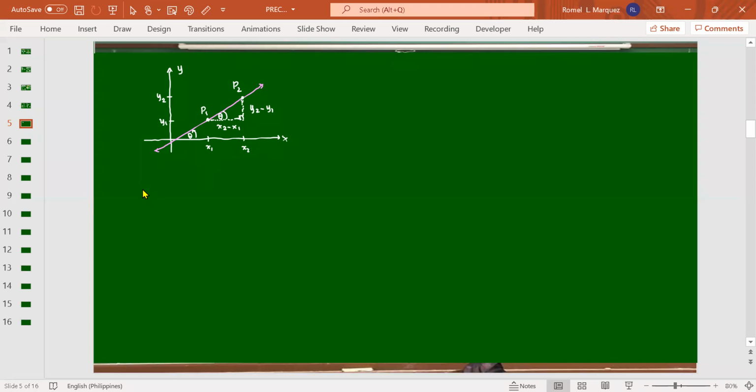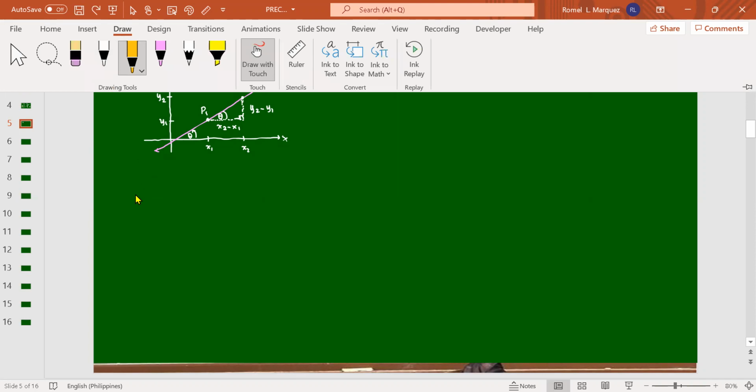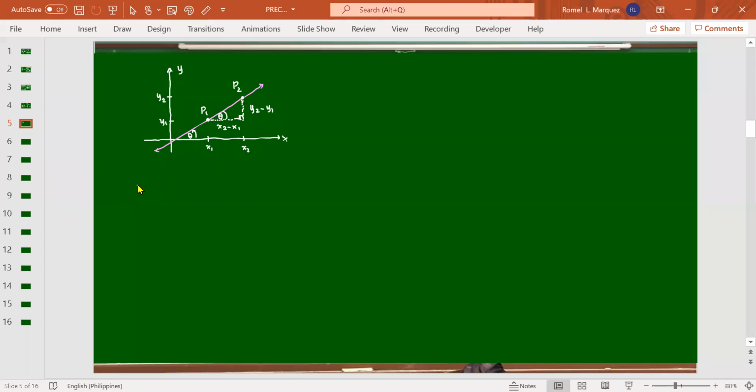So from your trigonometry, slope is given, in terms of angle of inclination, by what? Slope is equal to the tangent of theta. Rise over run, that is slope.